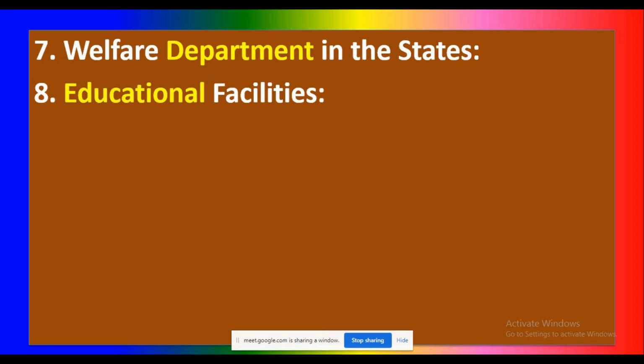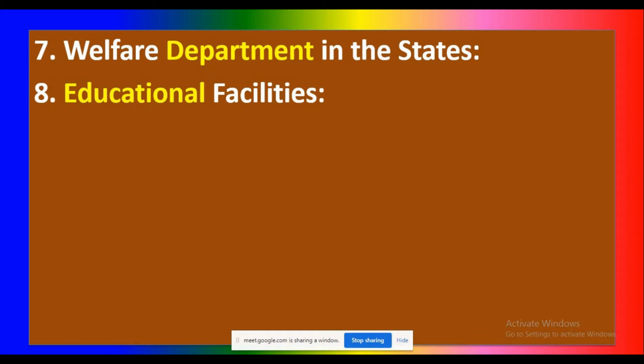Eighth one, educational facilities. As we know, people living in deep jungle have no schools. So the government offers various programs only for the tribal population to improve education.